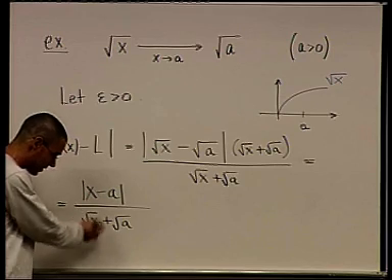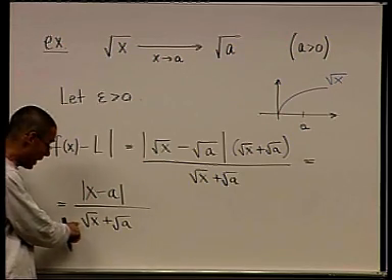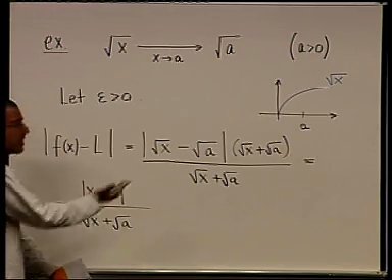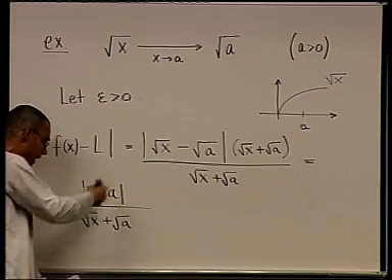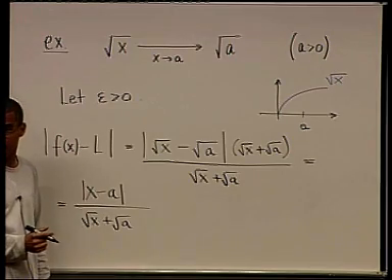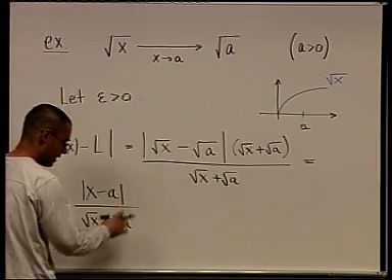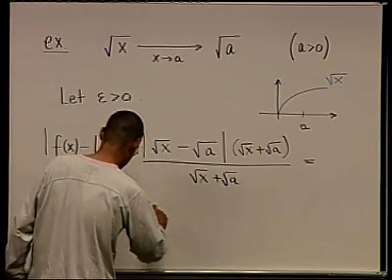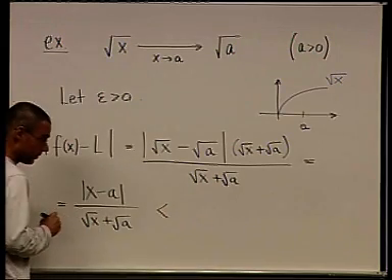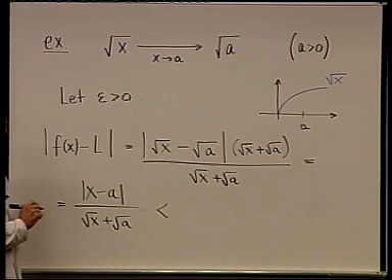But this root x, this is a problem. Okay? Why? Because x is not fixed, right? x varies. So I can't prescribe a delta that would in any way control for root x, because root x is not fixed. But what I can do, and again, this is a very standard step, I can say that this is less than, if I just throw away this root x.